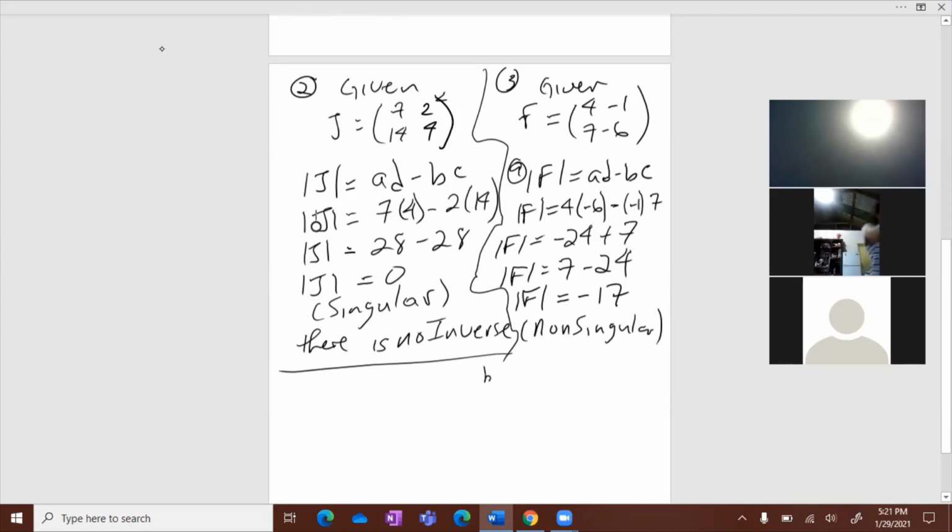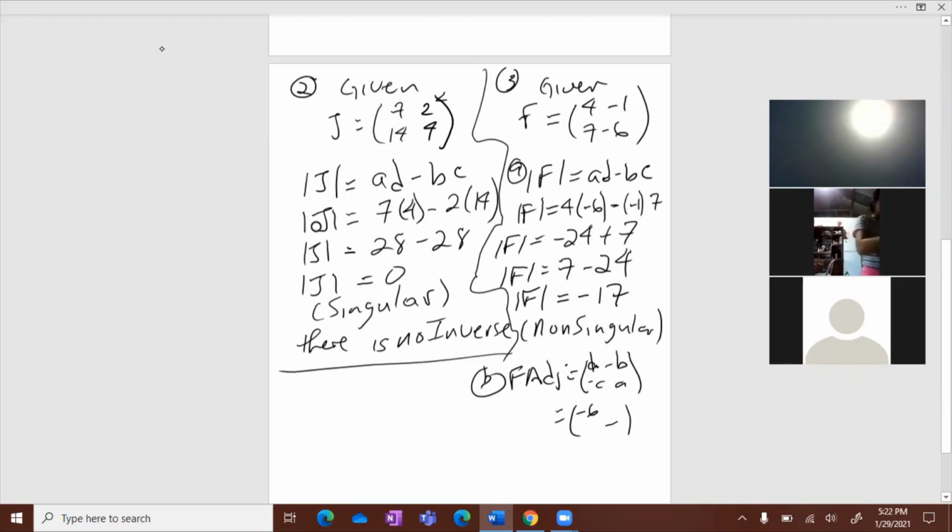Then B. The adjoint of F. I try to switch these and alternate notation so that you get used to seeing the different forms of notation. And so we're gonna have D, negative B, negative C, A. So here the 4 and the negative 6 will change place.